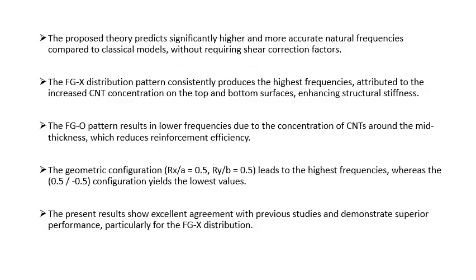The results show the proposed theory predicts significantly higher and more accurate natural frequencies compared to classical models without requiring shear correction factors. The FGX distribution pattern consistently produced the highest frequencies, attributed to the increased CNT concentration on the top and bottom surfaces, enhancing structural stiffness.